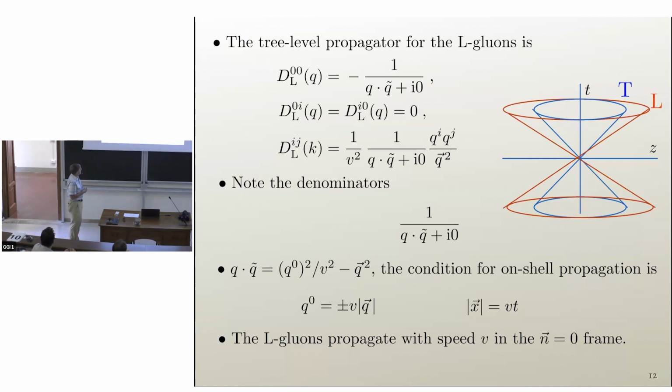So look at those denominators, q·q tilde. If you're integrating over q and you run into that pole, you just go around it in the right direction. That's much better than an axial gauge where you have 1 over q⁰, say. With no iε, you don't know what to do when you come to q⁰ equals 0.